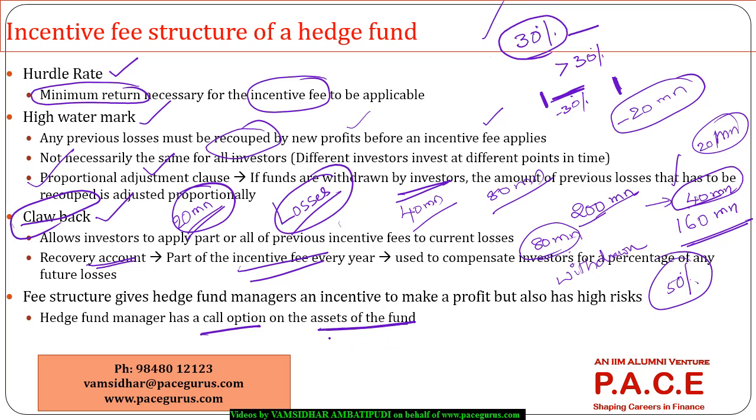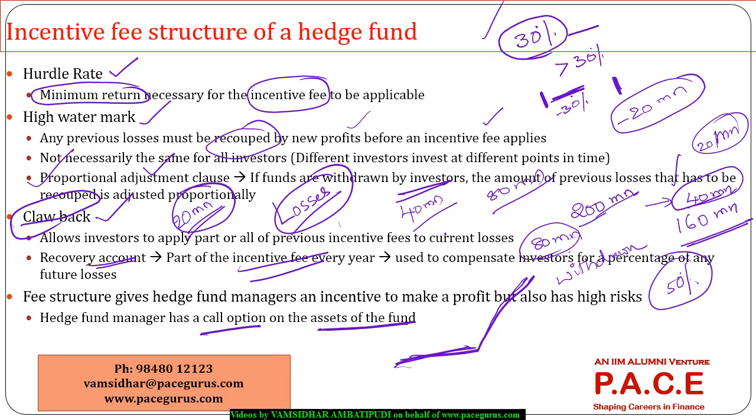So the more and more it goes successful, he can make unlimited profits, but his losses are more or less limited to the extent of clawback that they are doing, or to the extent of the funds under the management.